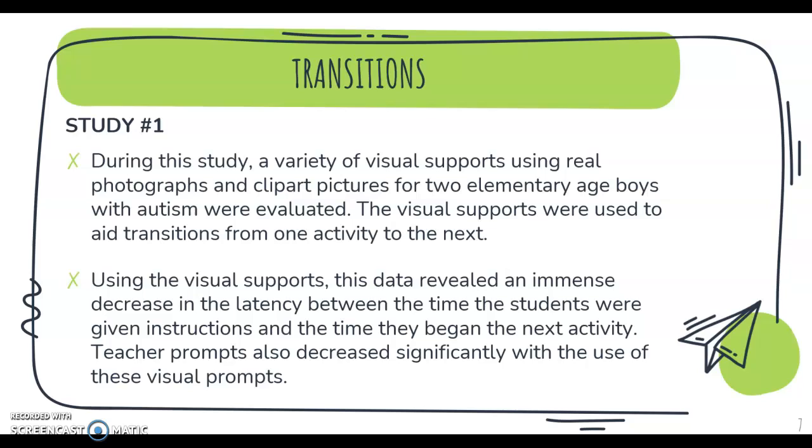These were used both in community and home settings, and the assessment was done using a single subject reversal design, also known as ABAB. Using these visual supports, the data revealed an immense decrease in the latency between the time the students were given instructions and the time they began the next activity. Teacher prompts also decreased significantly with the use of these visual prompts.